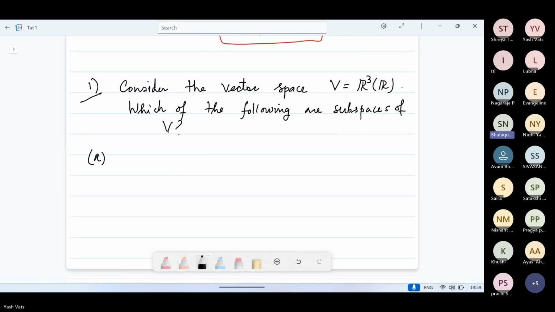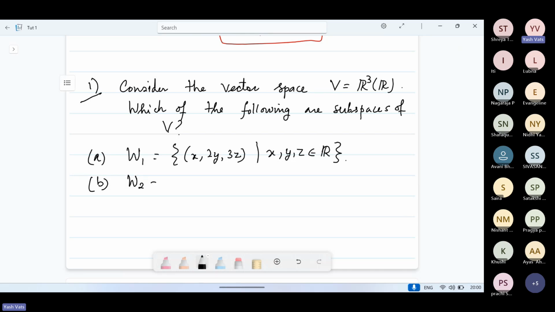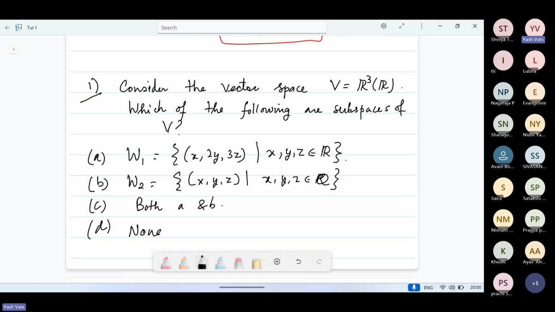A. W1 is the set of (x, 2y, 3z) such that x, y, z are in R. B. W2 is the set of (x, y, z) such that x, y, z are in Q. C. Both A and B. D. None of these.